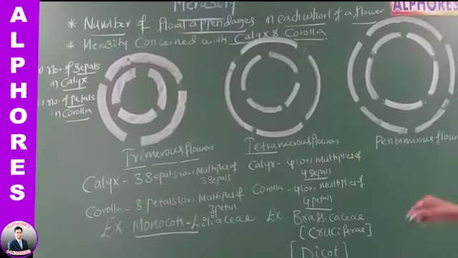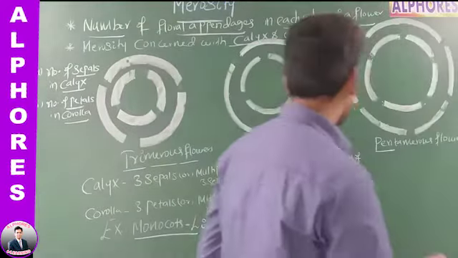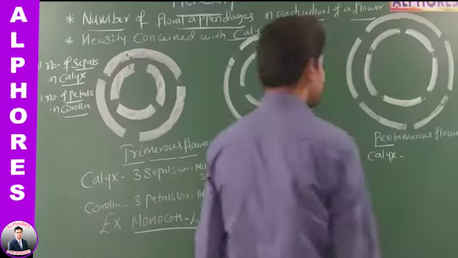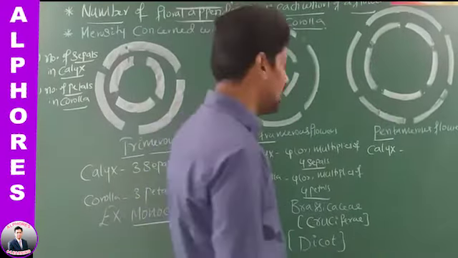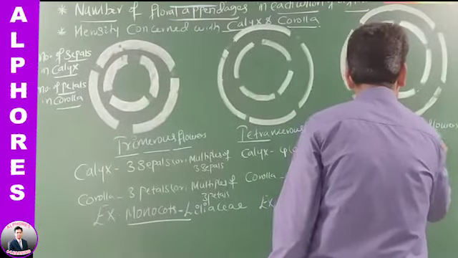What's our pentamerous flowers? Name itself indicates penta means how many? 5. It means calyx contains what, sir? Calyx contains 5 sepals or multiples of 5 sepals.